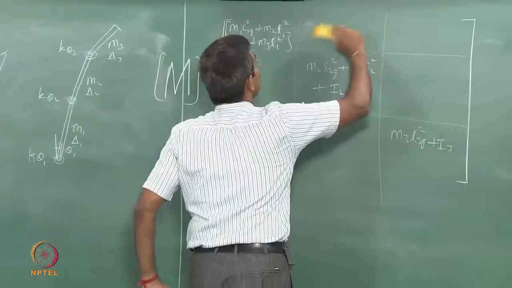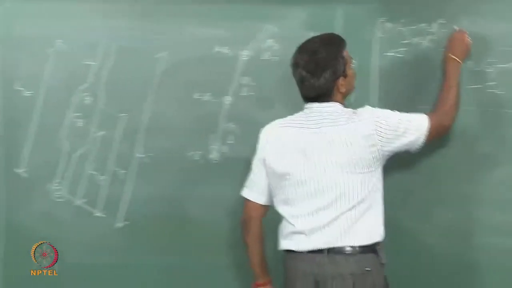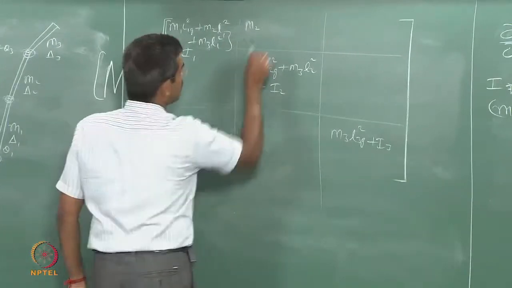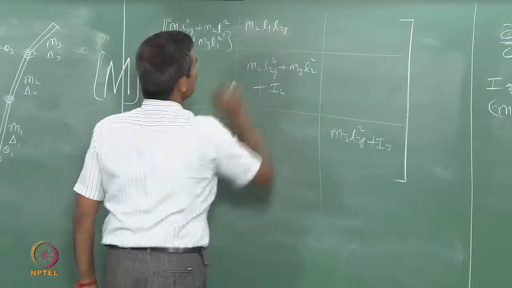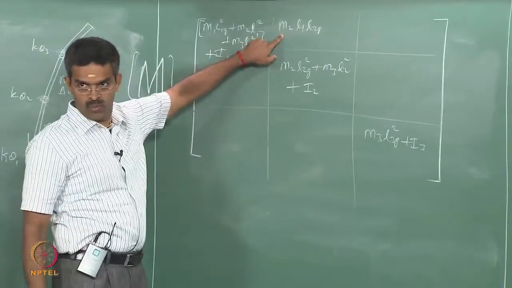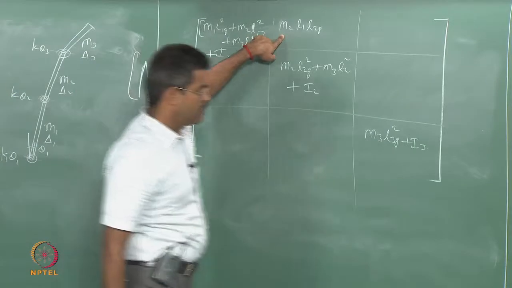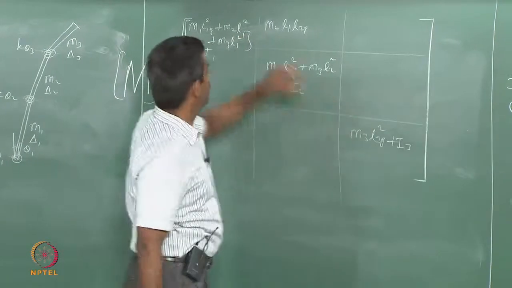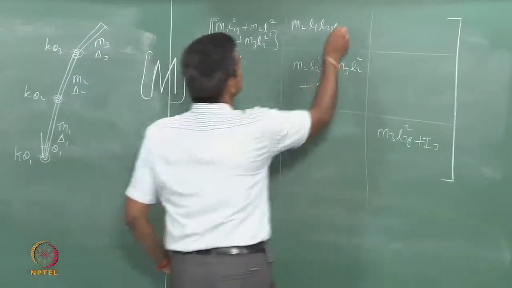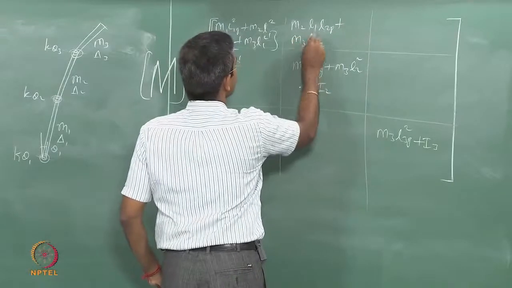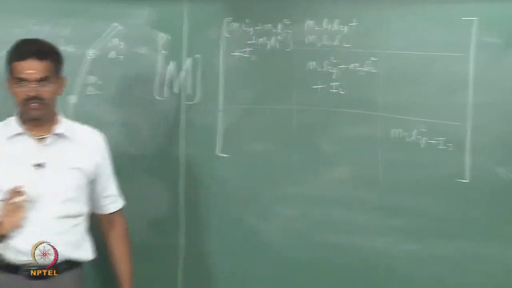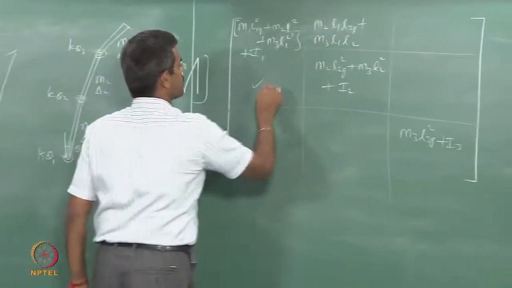Now let us rewrite this. This is going to be M2 L1 L2G, because I am talking about M2. Okay, M1 L2, L1 L2, so L2G, plus for M3 this is going to be only M3 L1 L2, there is no G, the same term here, same term here.